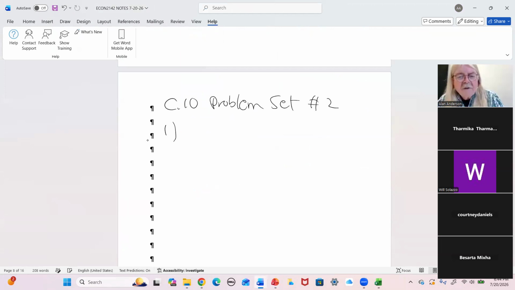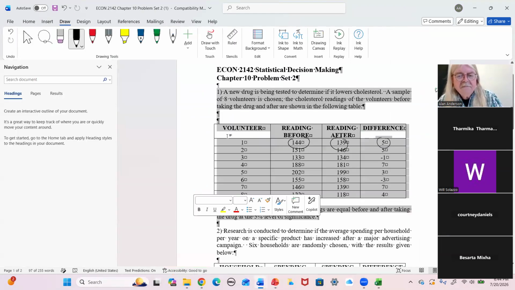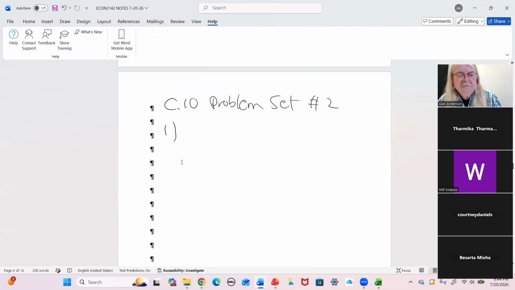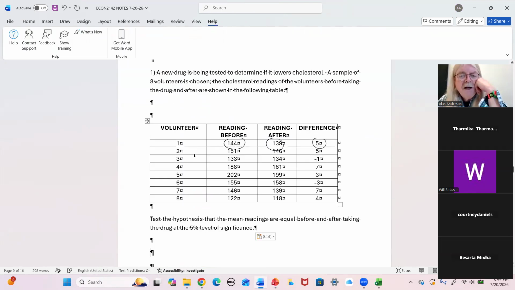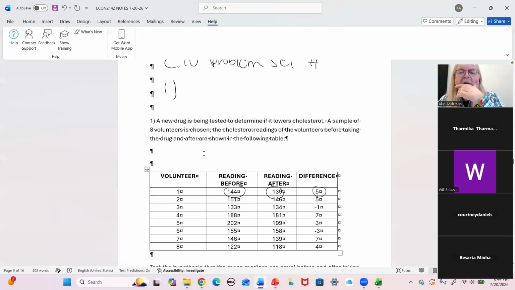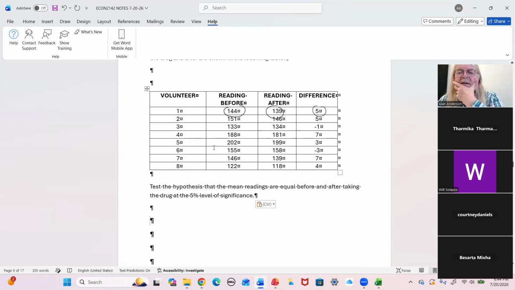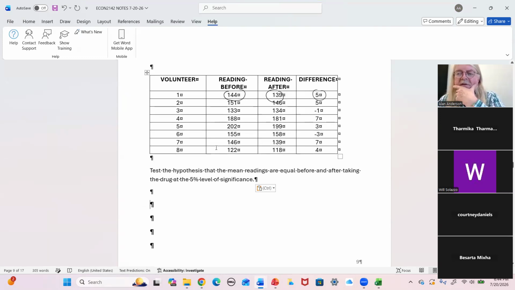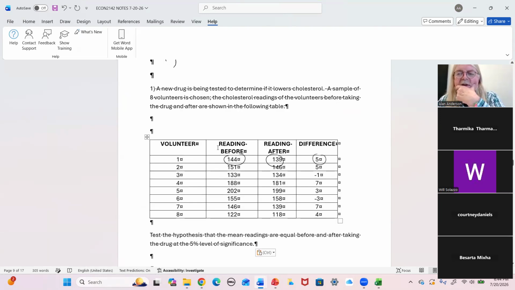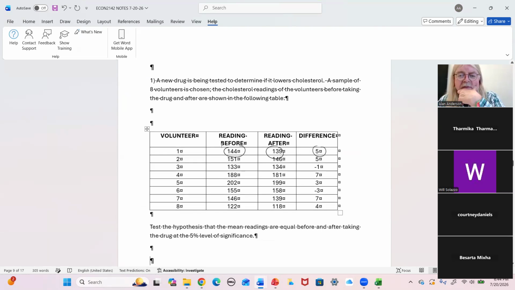So let's copy this question here. Okay. Now, here's what we have to ask ourselves. Given the way the differences are calculated, this is a cholesterol drug. Do we want the readings to go down or up?